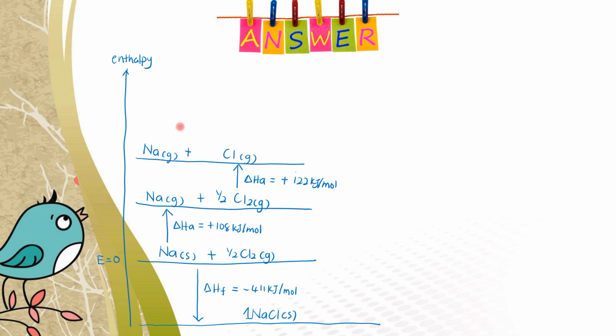Right, next is IE for Na gas. Okay, make sure the difference is large here, because IE here is positive 500. So the distance from this platform to that platform must be big.